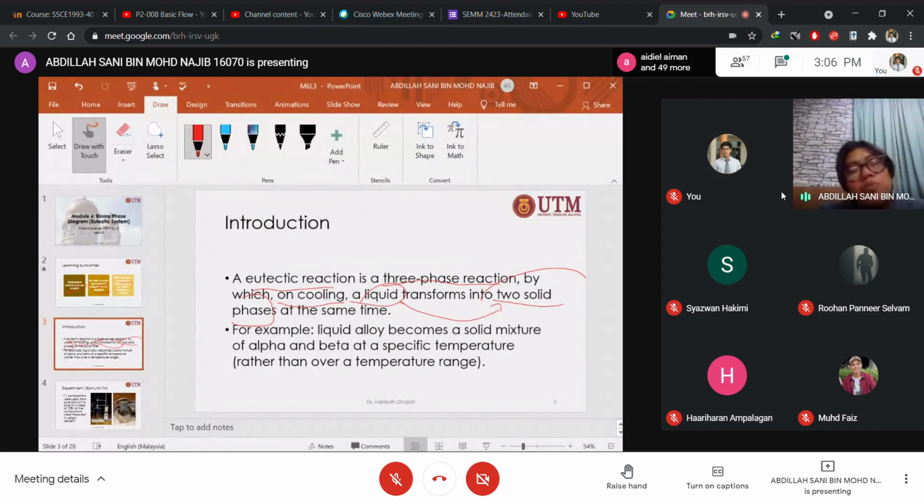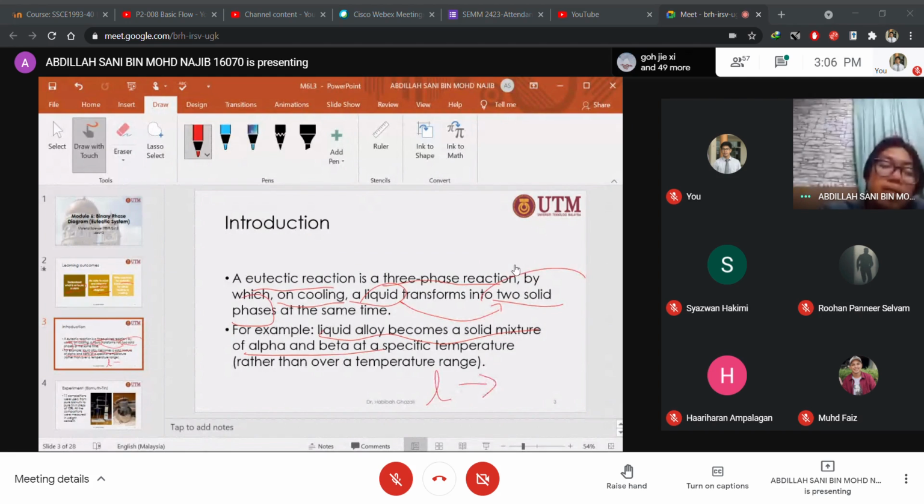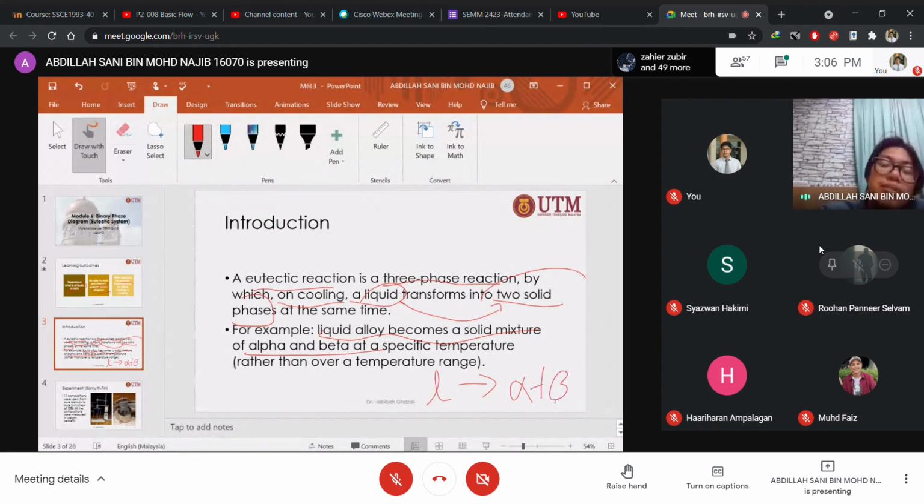For example, a liquid alloy becomes a solid mixture of alpha and beta at a specific temperature. So if you were to write here, we have the liquid, it transforms into alpha and beta. What is alpha and beta? They are solids of different type, different composition. This is what we call different phases. Two phases.